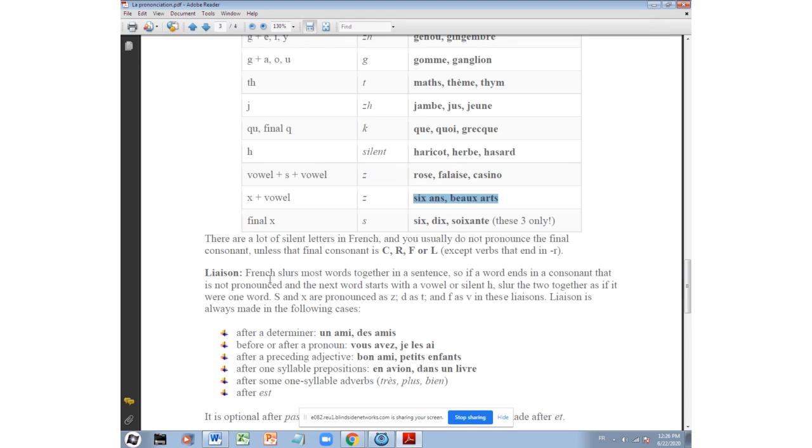If a word ends in a consonant that is not pronounced, remember that is not pronounced, and the next word starts with a vowel or silent H, slur the two together as if it is one word.